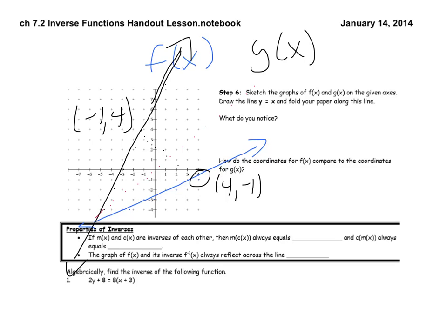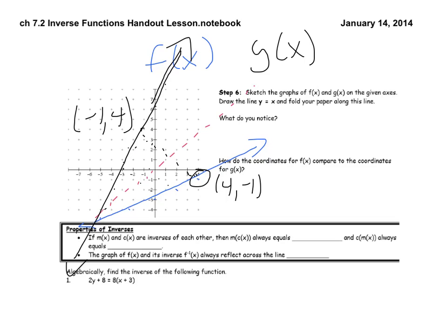We should see algebraically that the x's and the y's got interchanged, but also we should be able to see that graphically, that this point right here pairs with this point right here. In fact, we have lots of those paired points this way and this way.